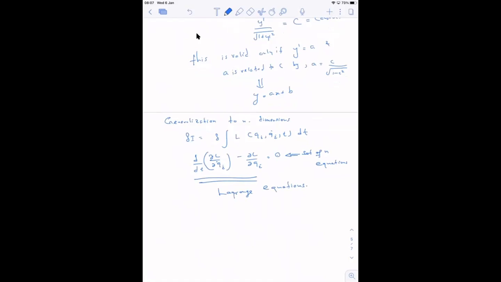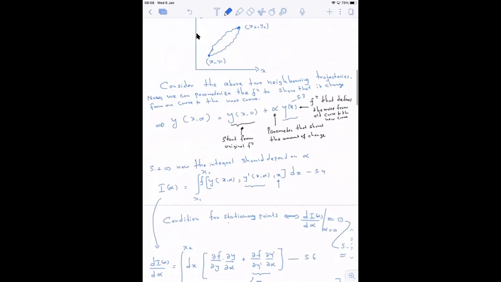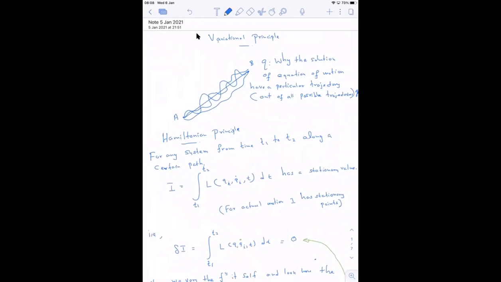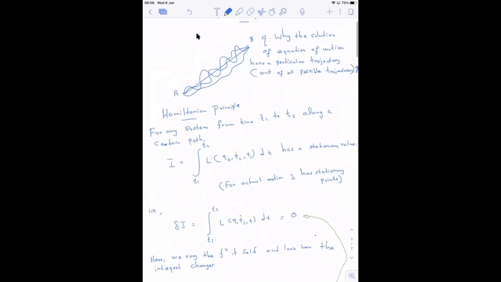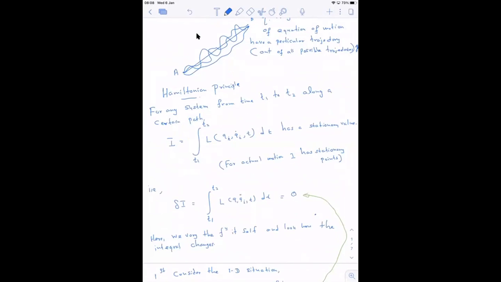Right, so I hope this is clear for you now. This is actually another way of proving the Lagrange equation. And what we did, if I summarize, was we started from the Hamilton principle, and in order to go from one point A to another point B, the Hamilton principle states that this particular line integral I should have stationary points.